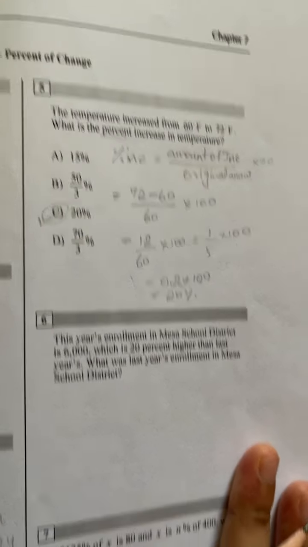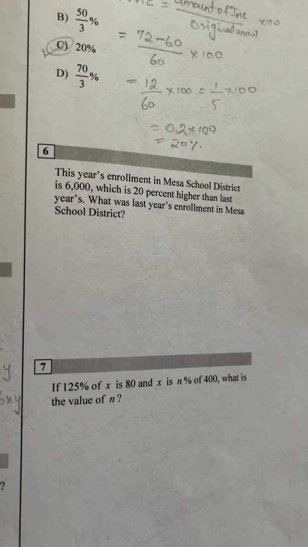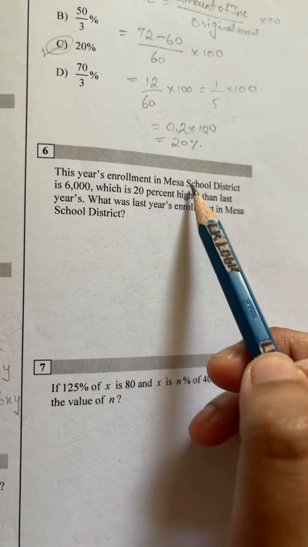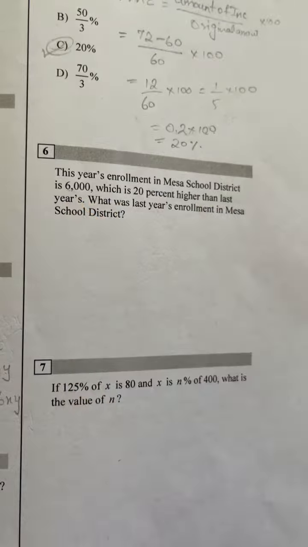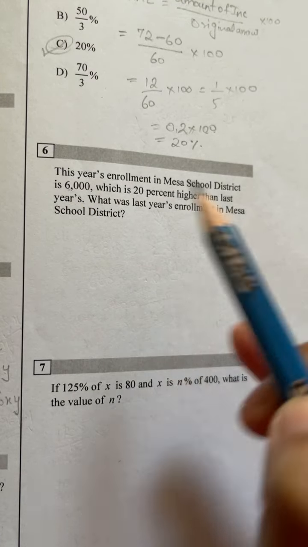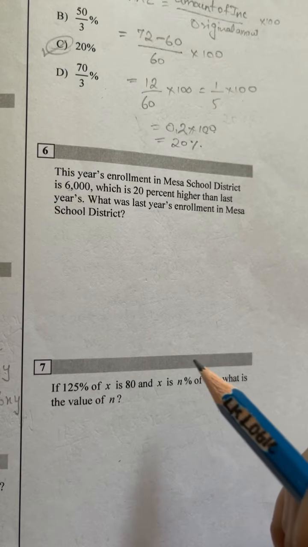Now let's see how to solve question number 6. This year's enrollment in Mesa School District is 6,000, which is 20% higher than last year's. What was last year's enrollment in Mesa School District?